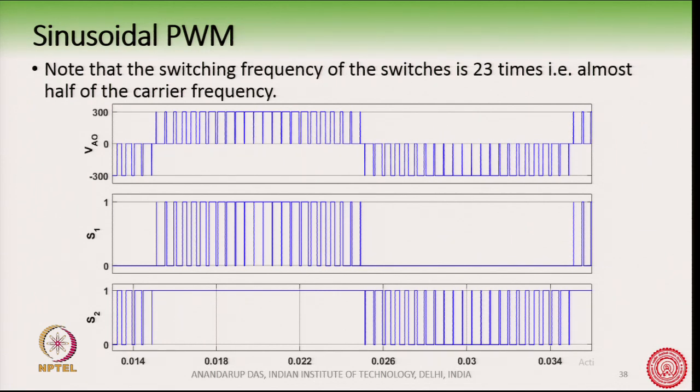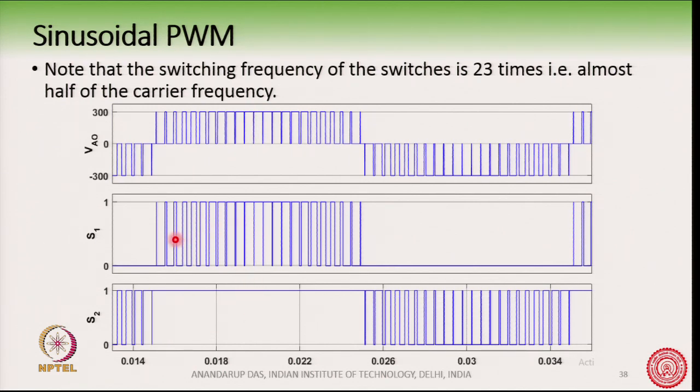Okay. So, if you see here, for example, because VAO is between 0 and Vd by 2 here, and then it is 0 and minus Vd by 2 here. So, S1 is switching in this position throughout this time. S1 is switching while S2 is fully turned on, because we are taking the plus level here, right, plus 0. So, when we are using the plus, we have to turn on both S1 and S2.